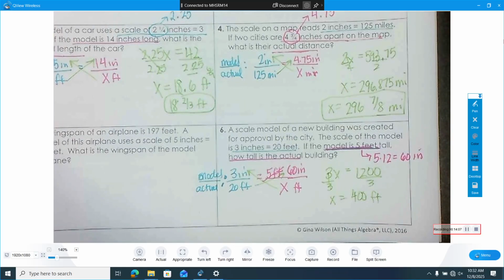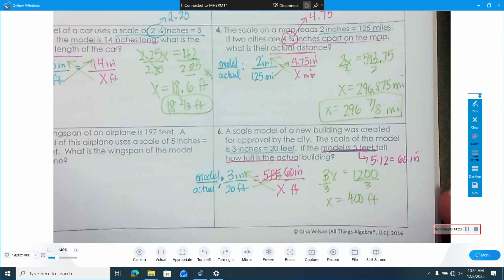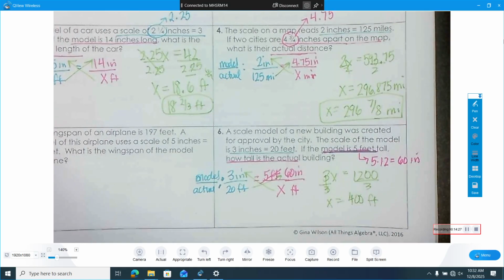He's got to build his scale models for the building he's designing. His model is 5 feet tall. The actual building, 400 feet tall. Okay, this is a big building, very tall. 40 stories. This is a skyscraper. Okay, big. All right. Turn the page.